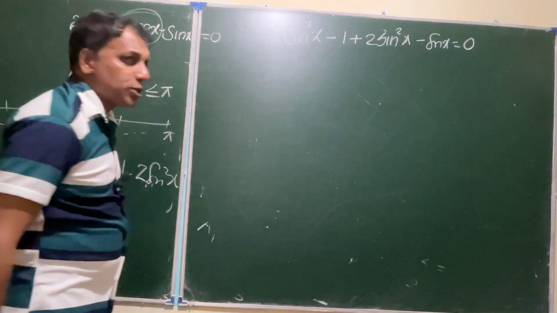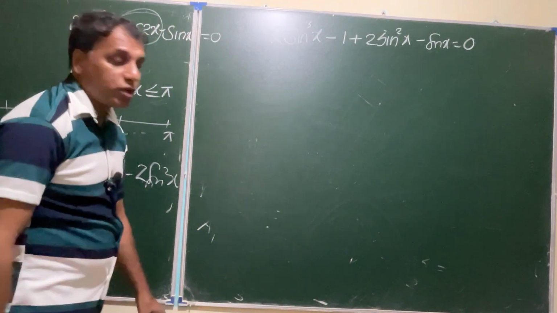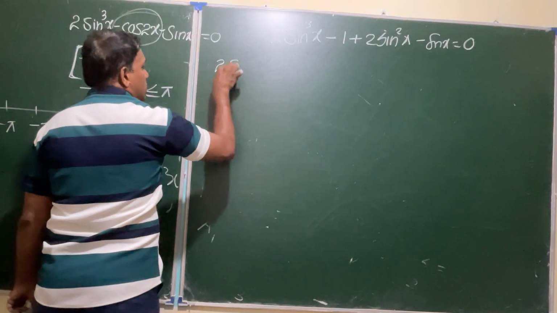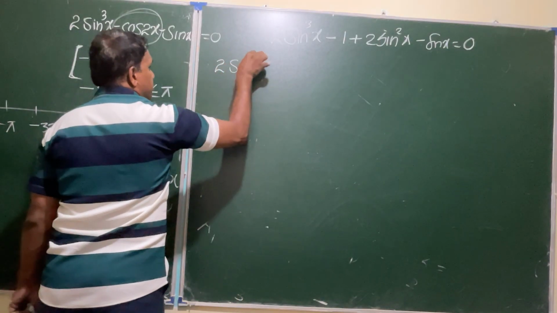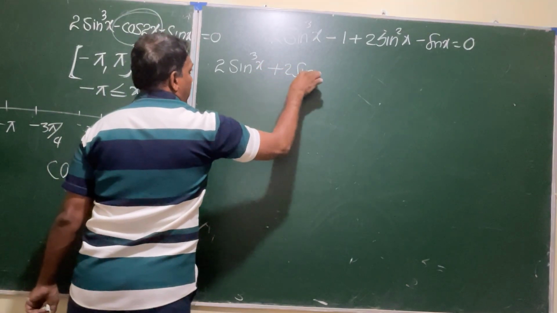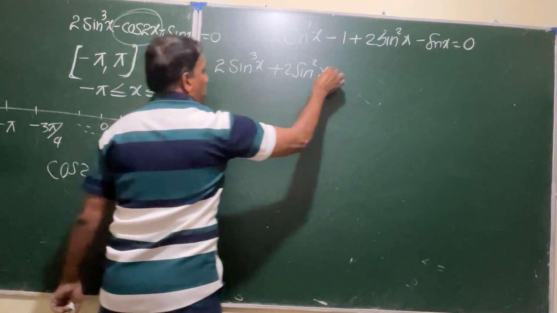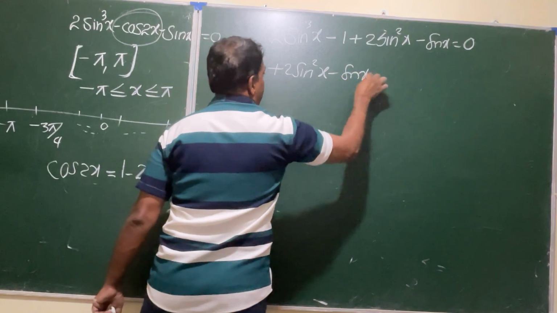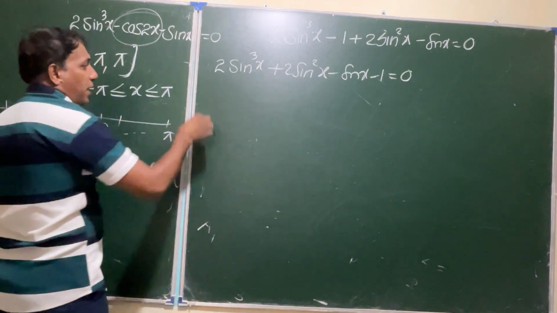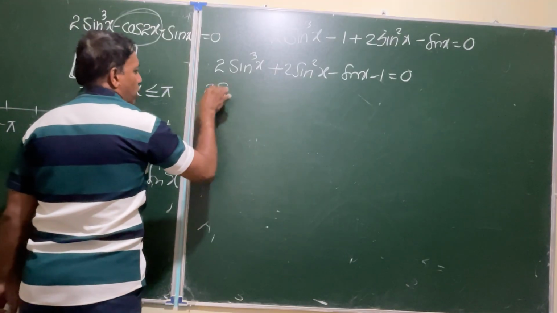So can I rearrange in proper polynomial pattern, degree 3, in terms of sine? 2 sine cube x plus 2 sine square x minus sine x minus 1 equal to 0. Now you can factorize easily: take the 2 out, sine square out.